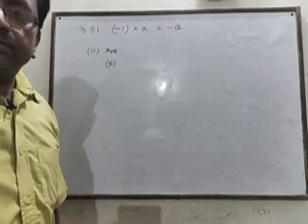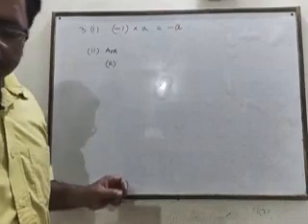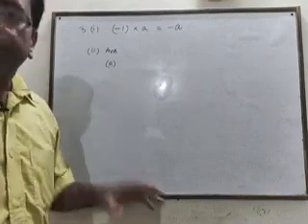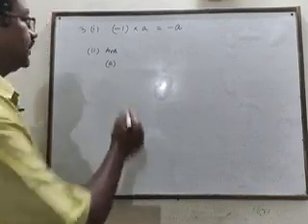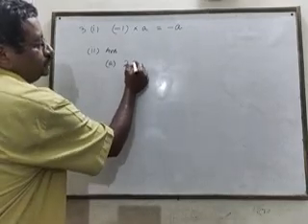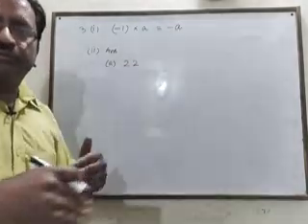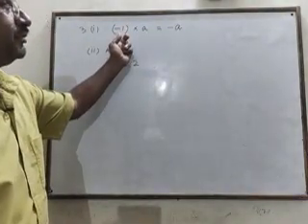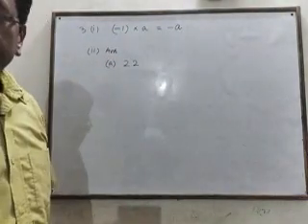We need to tell the integer which, when multiplied with -1, will give -22. So naturally that will be 22, because 22 multiplied by -1 will give -22.